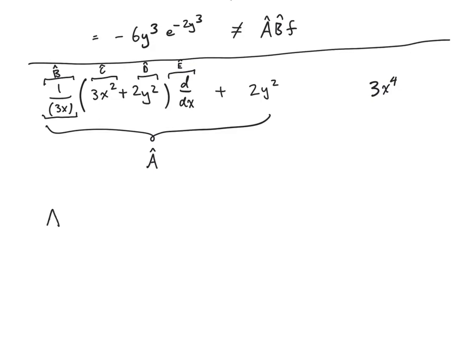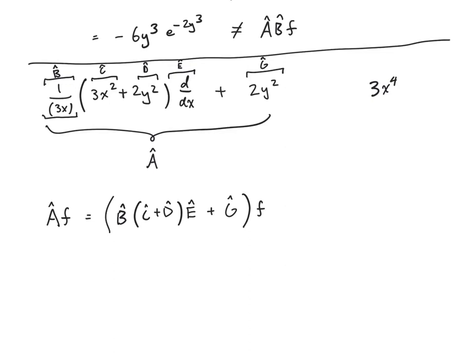So really, when I do a hat f, that's equivalent to writing b hat acting on c hat plus d hat, and that's all acting on e hat. And then this is being added to this little guy right here. I forgot to give him a name. G hat. Okay? And then all these things are acting on my function f.